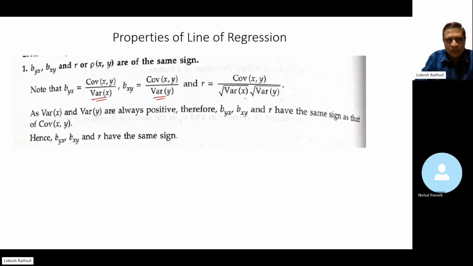So everywhere in the numerator you have covariance of xy. It means byx, bxy and r will each be of the same sign. Either all are positive or all are negative.